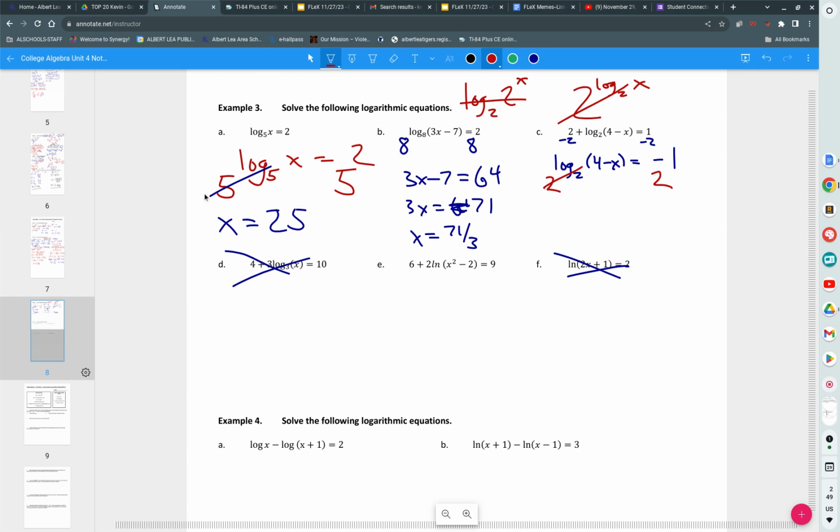I'm left with 4 minus x is equal to, what is 2 to the negative 1? 1/2. I'll write as 0.5. What should I do to both sides? Subtract my 4. Negative x equals negative 3.5. And divide by negative 1. X is positive 3.5.